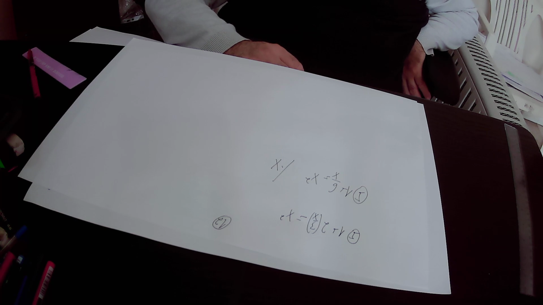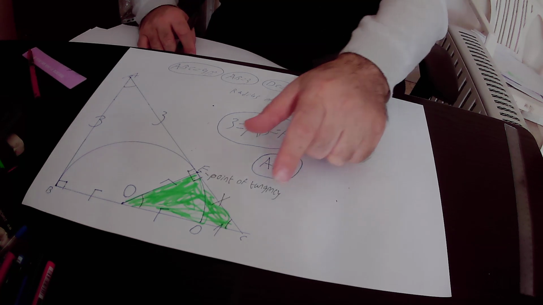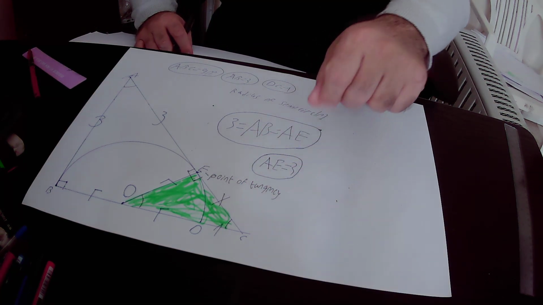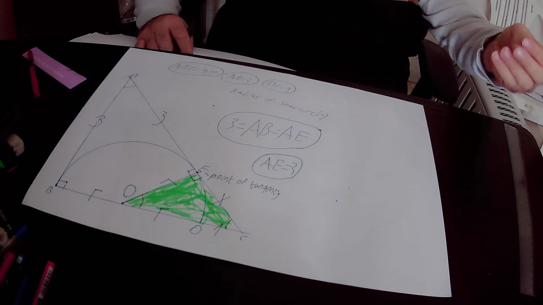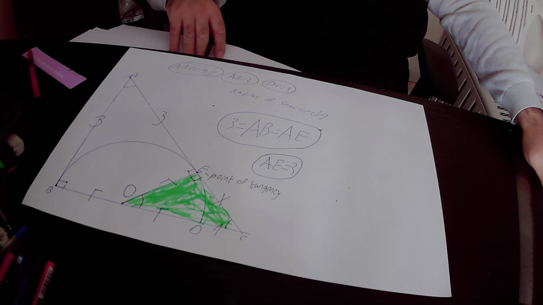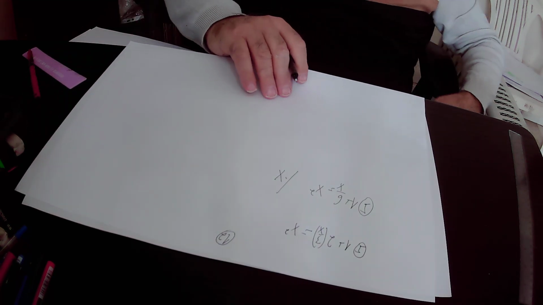But as you can see from the drawing, x is EC, it is one side of the green triangle, and a side of a triangle must be a positive number, therefore it can never be 0. Therefore it is allowable to multiply equation number 1 by x. Okay?